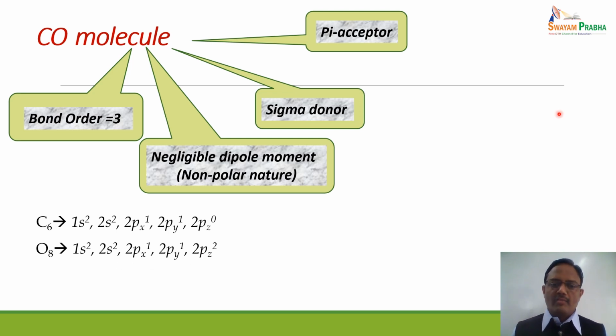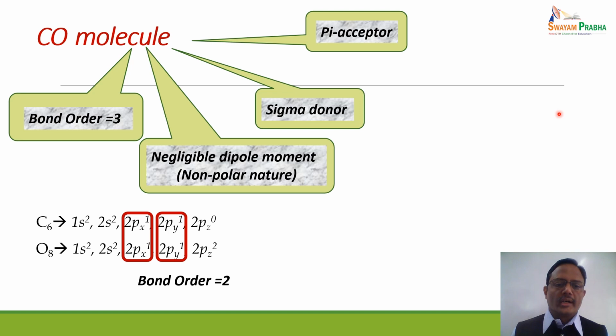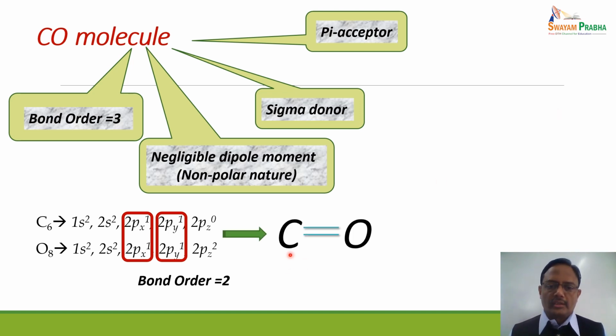So if we consider the valence bond approach, both carbon and oxygen are capable of forming 2 bonds. So if they form 2 bonds by using their unpaired electrons, definitely the bond order will be equal to 2, and the molecule can be shown like this: C double bond O.